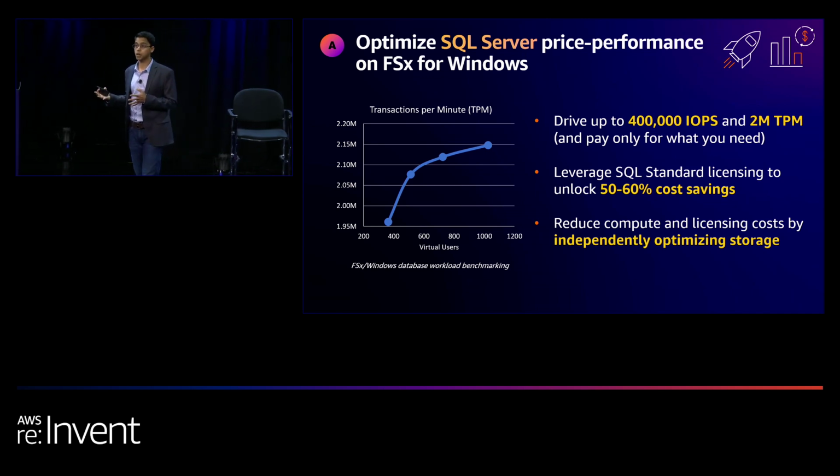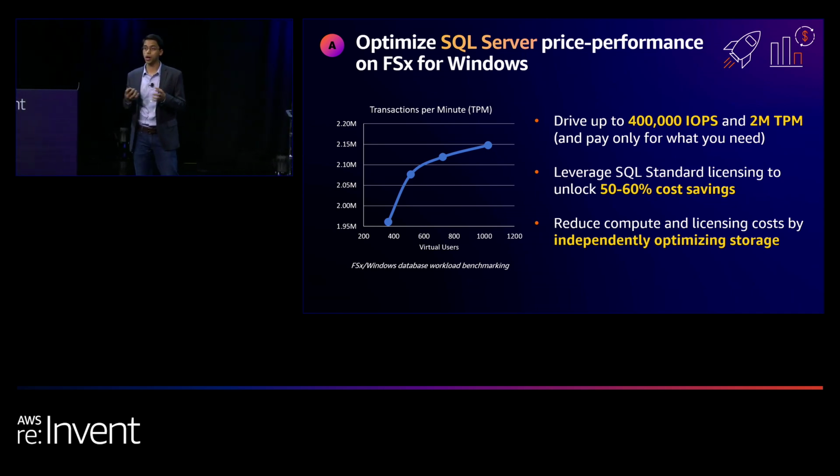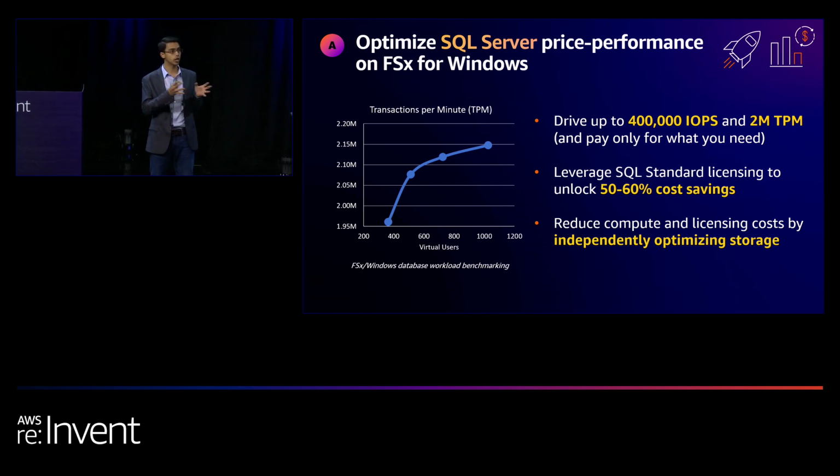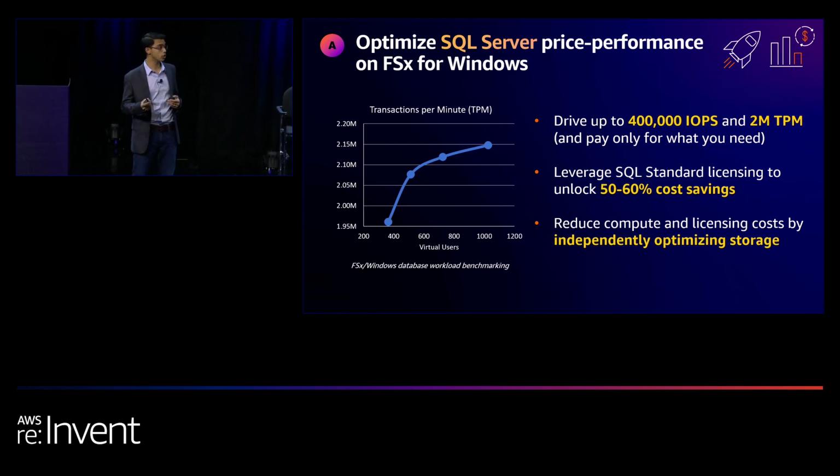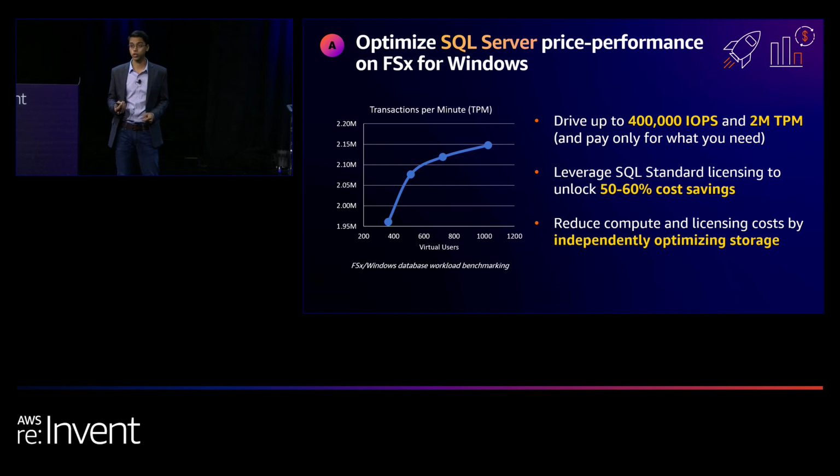And besides licensing, one of the things I alluded to before is by actually decoupling the application layer and the storage layer, in this case having the detached shared storage on FSx, allows you to optimize your performance needs independently. So because that replication is taken care of by the FSx file system, you can actually independently tune your SQL Server nodes. And our customers find that they can often achieve the same performance with less memory, less compute, less networking resources for their application nodes, again helping them save significant amounts of money.